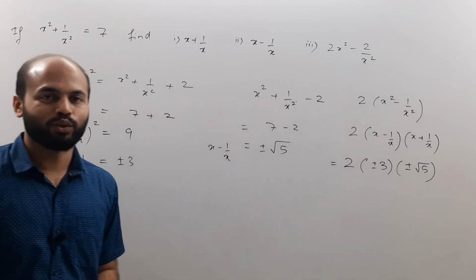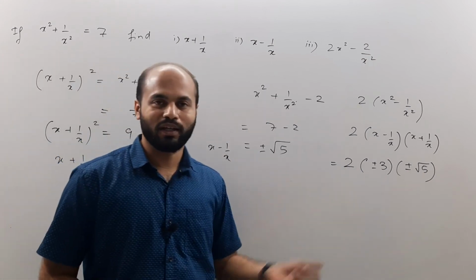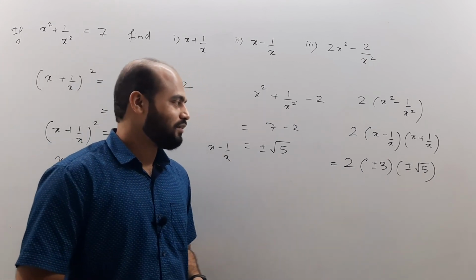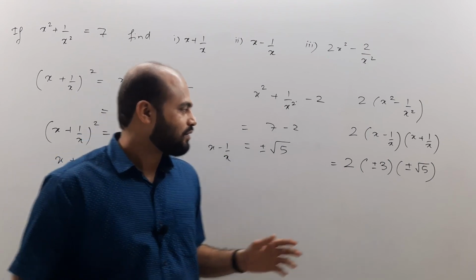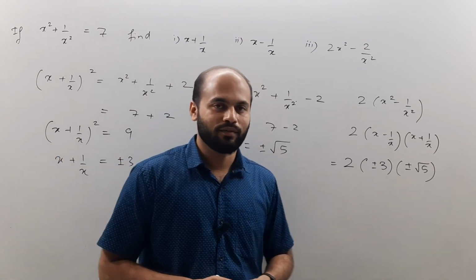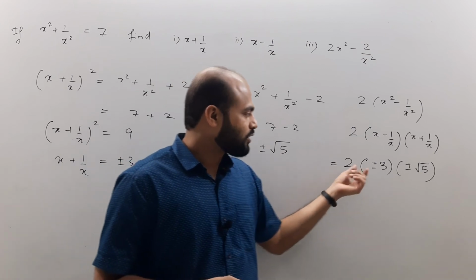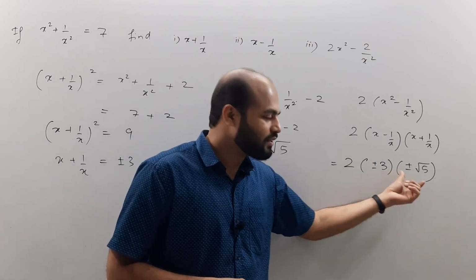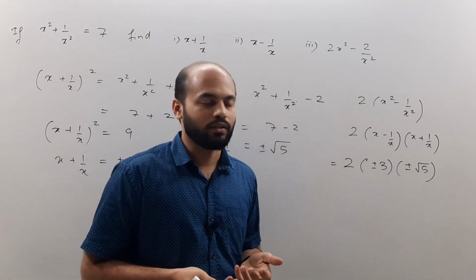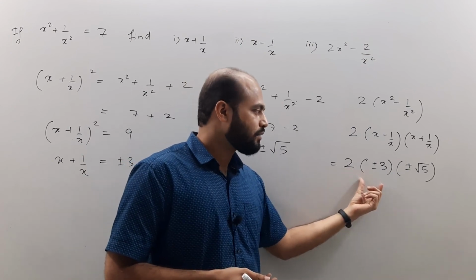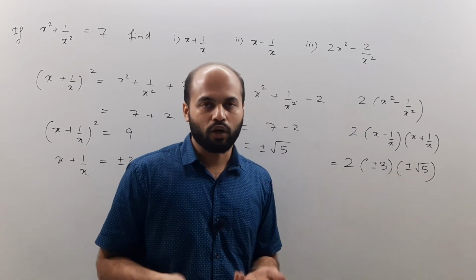So how many values do you think are possible in this particular expression? You can't do it as just positive or just negative, because let's say if I choose plus 3 over here and minus root 5 over here, there can be one combination. If I choose minus 3 and plus root 5, there can be another combination.